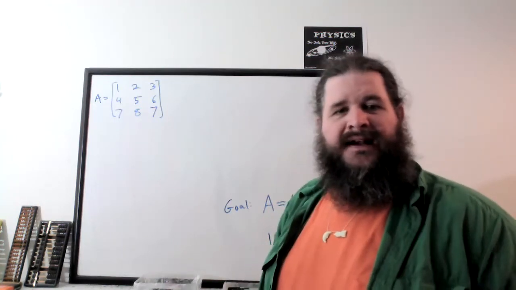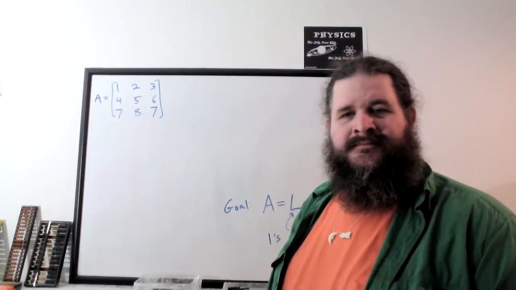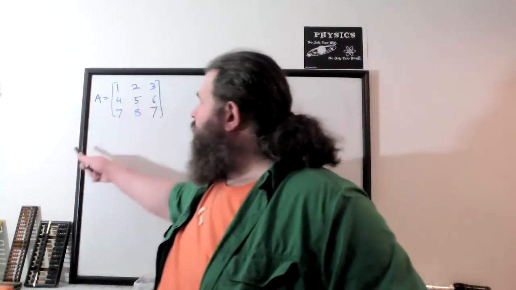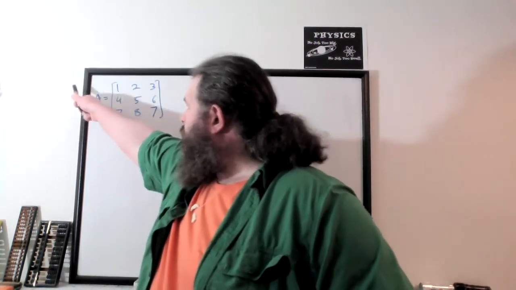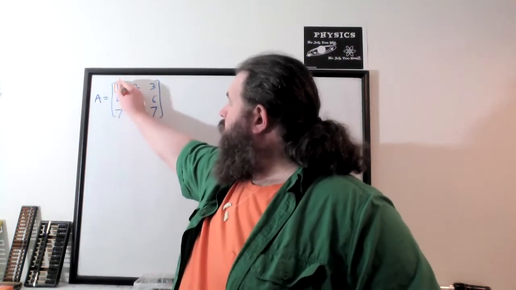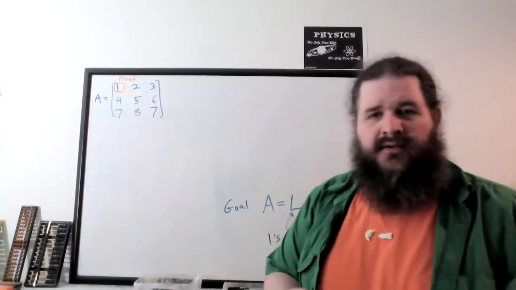What's our first pivot here? Yeah, the one in the top left. Starting with the top row, work your way from left to right. The first non-zero number you're going to encounter is this 1. That's going to count as a pivot. And we want to use that pivot.